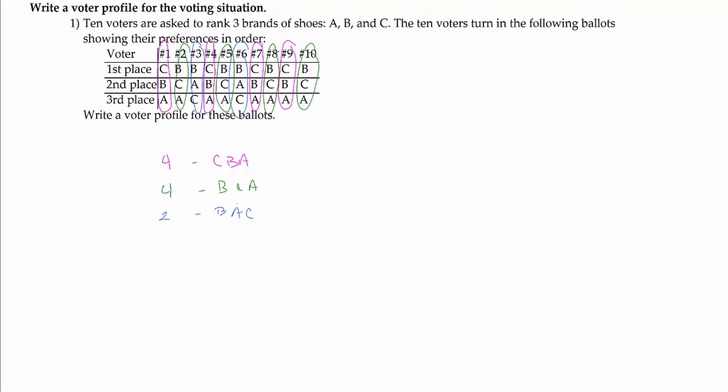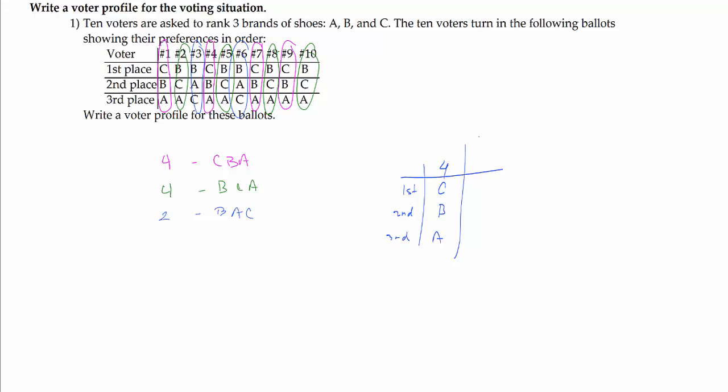So if I put it in our usual table, I have first, second, and third place votes. Then the order C, B, and A, because they voted C first, B second, A third. 4 people did that.